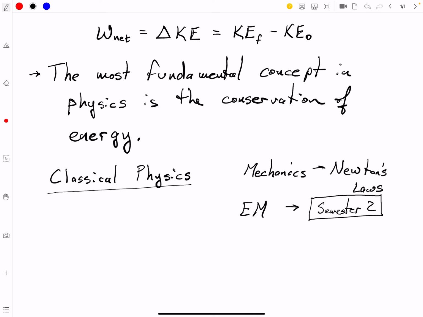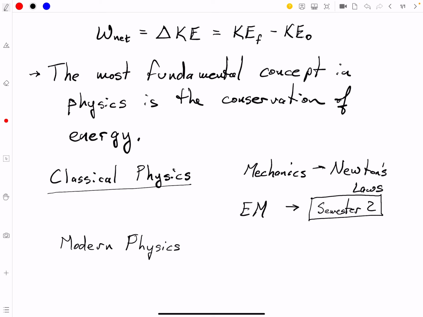Okay, so it's still part of classical physics. And in that realm, the reason why I'm saying this is because they didn't understand what we now know in modern physics, including all of the relativity and quantum mechanics and all that stuff.